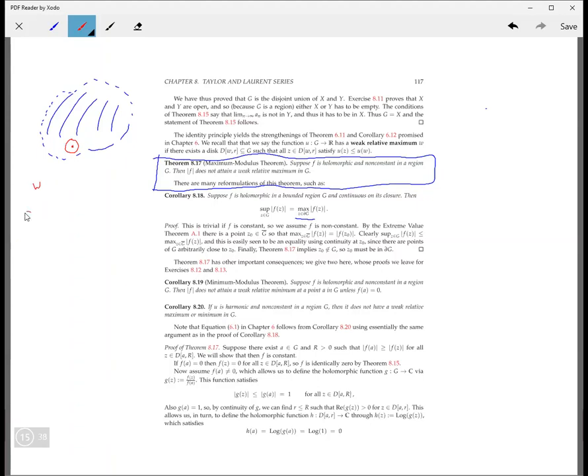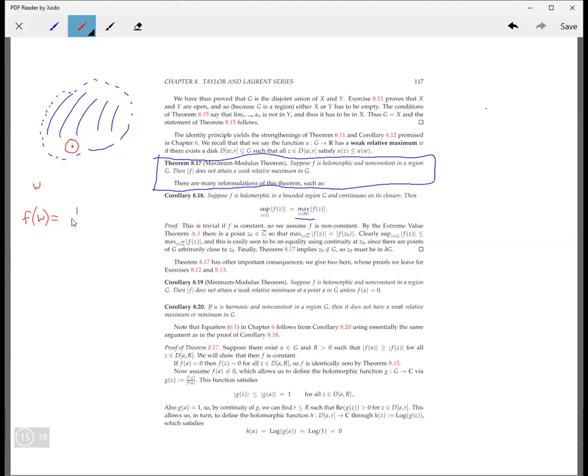So the function f of w, according to Cauchy's integral formula, you set k equal to 0 to apply that.